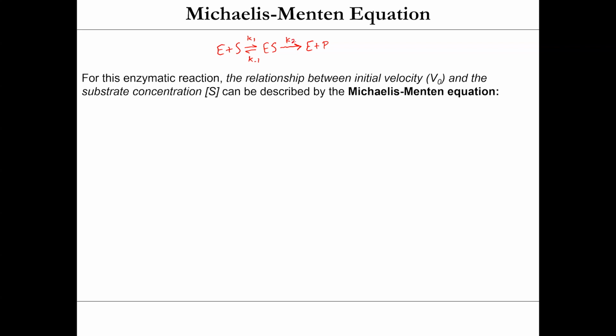So the Michaelis-Menten equation explains the relationship between the initial velocity and the substrate concentration of the reaction.